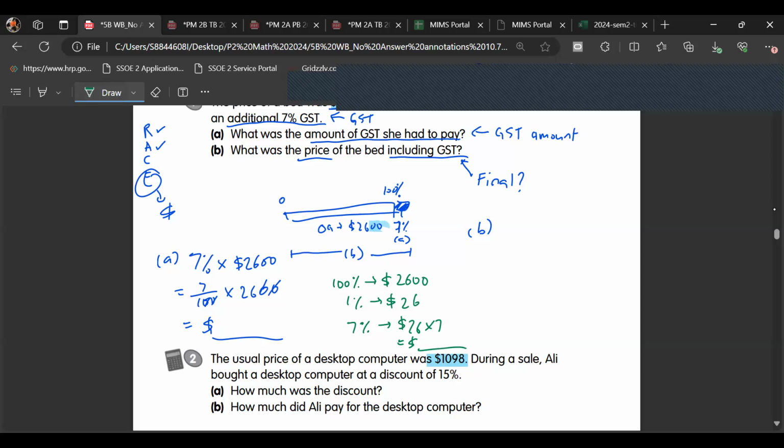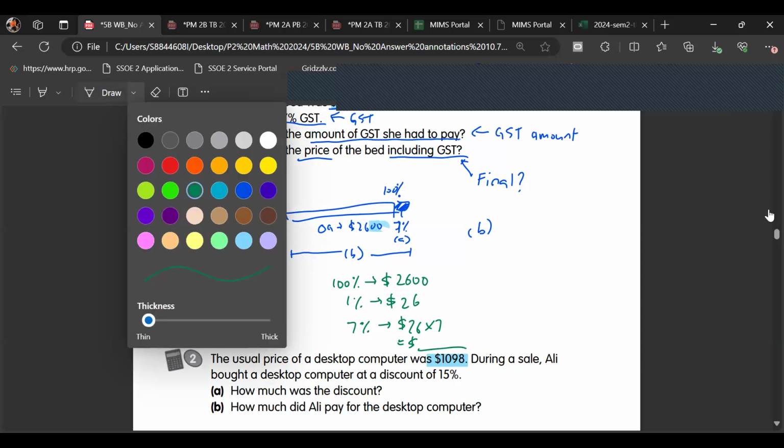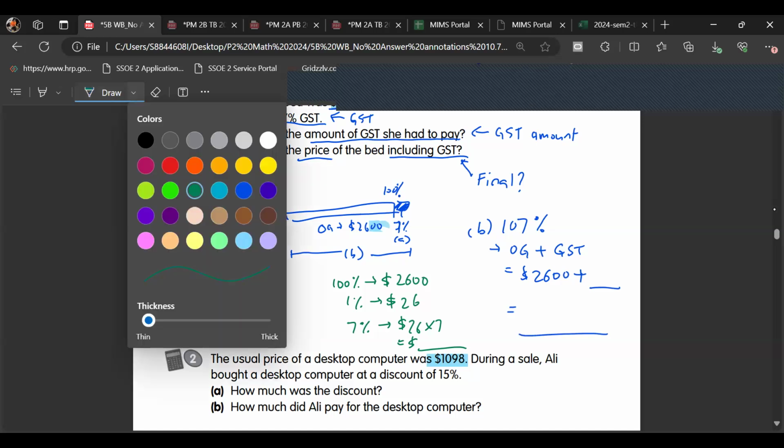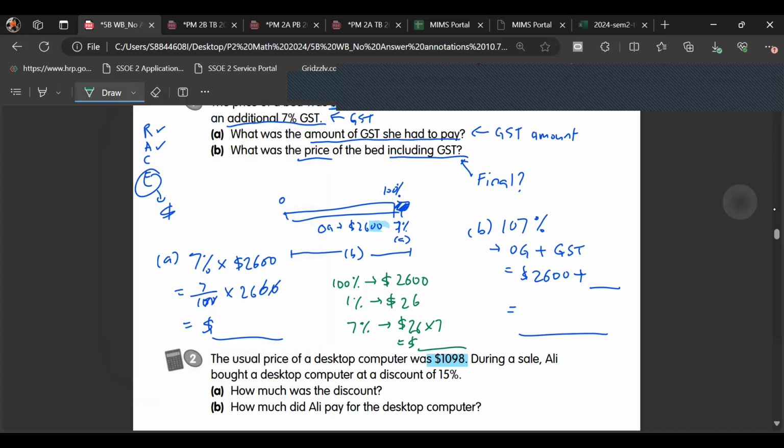Then part B will just be the final price. So the final price is 107%. So it's the original price, OG, plus the GST amount, which will be 2,600 plus the amount that you calculated in part A. Done already? 26 times 7.